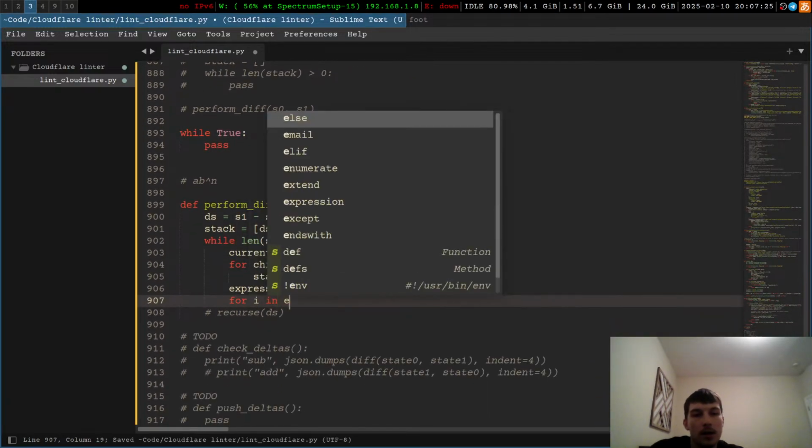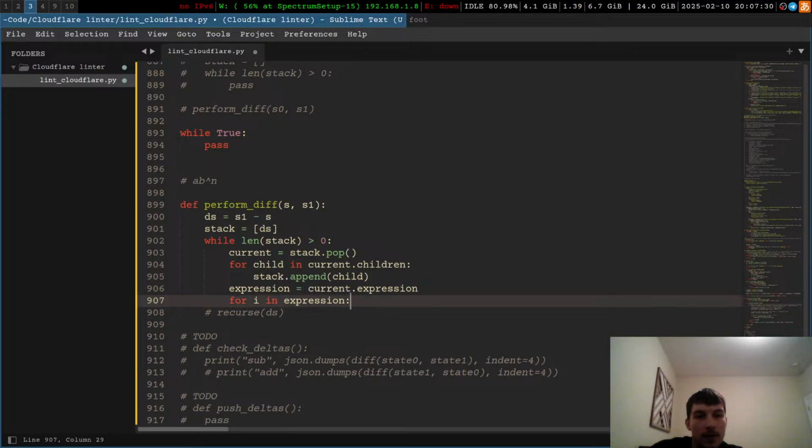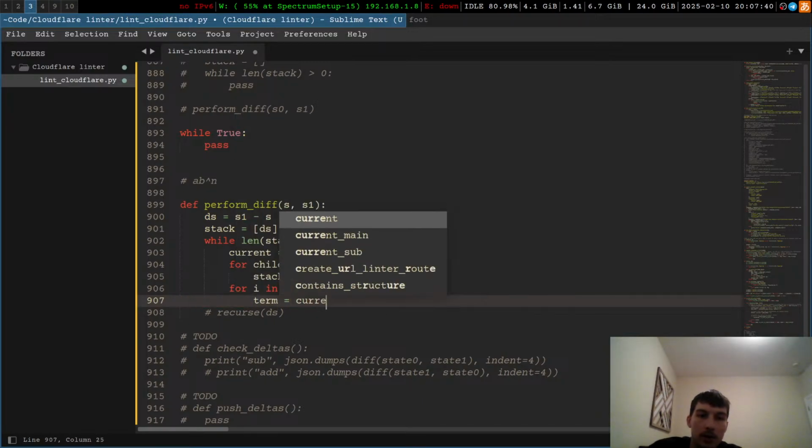For I in expression, in fact, we could just inline this, so this becomes current expression. Term is going to be current.